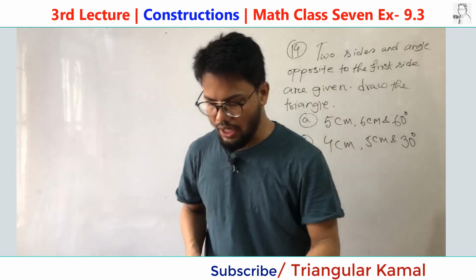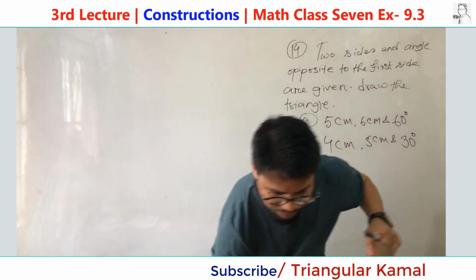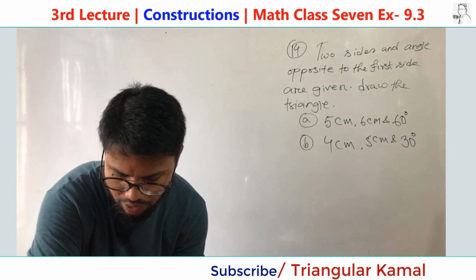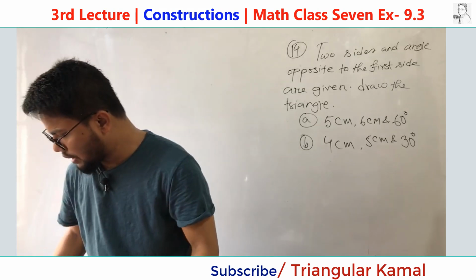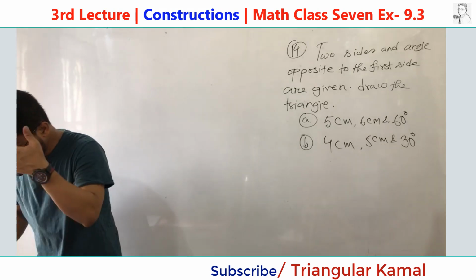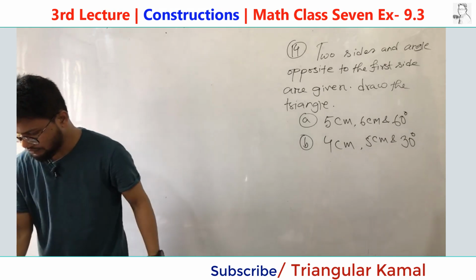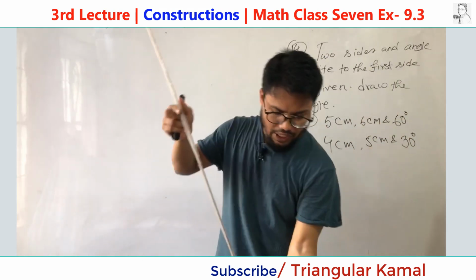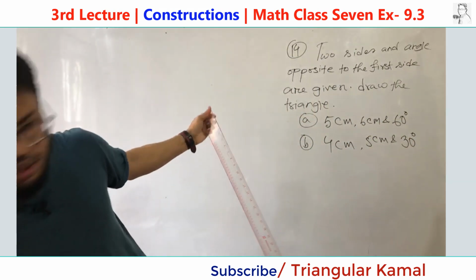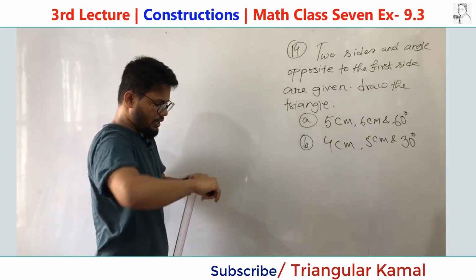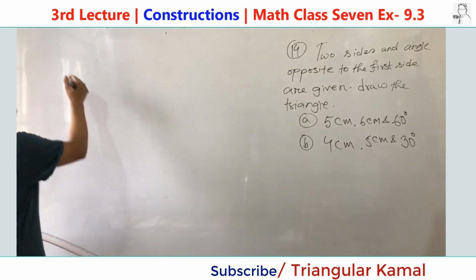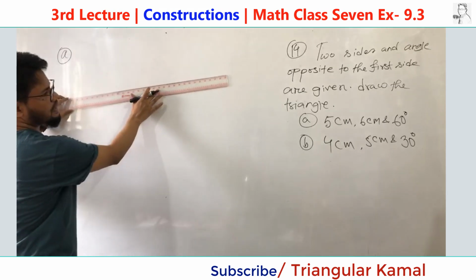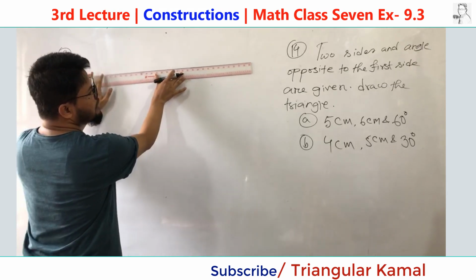First I will draw the first one, then I will give you time to draw the second one. Dear students, we are doing the first one, number A. First information: two sides are 5 centimeter and 6 centimeter.